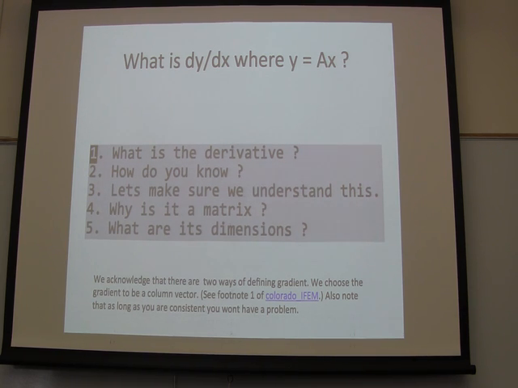So one reasonable thing to do might be to actually collect all the partial derivatives. If you collect these things and put them in a matrix format, you'll see that there are two ways to do it.